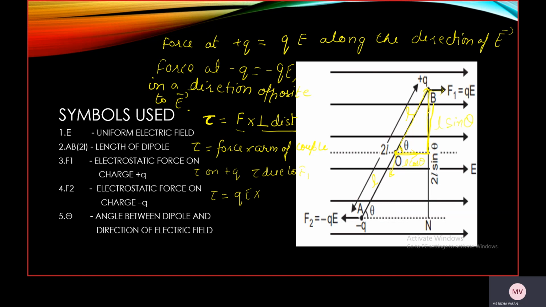So the perpendicular distance, the arm of the couple, is L sin theta. So torque becomes qE into L sin theta. Let us say this is torque 1, due to force F1, and we can also write it as qE L sin theta.